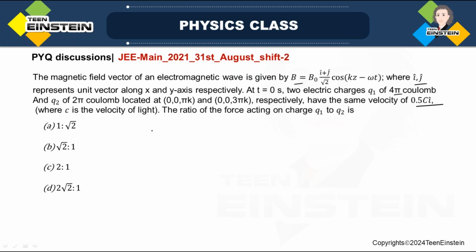So we have to basically find out the magnetic force. We know magnetic force FB is equal to Q into V vector cross B vector. All the things are given. Q is given, V is given. Let us find out the force on the charge Q1.